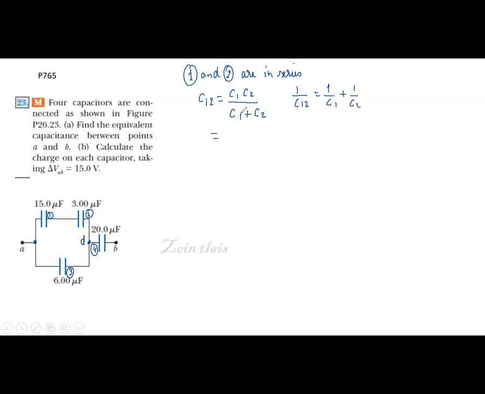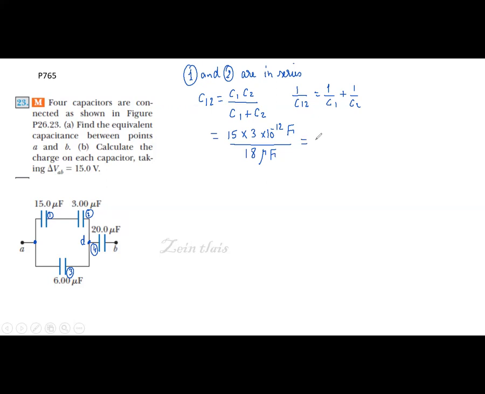So C1 times C2 equals 15 times 3, micro times micro will be 10 to the minus 12 farad, divided by C1 plus C2 equals 15 plus 3 equals 18 microfarad.